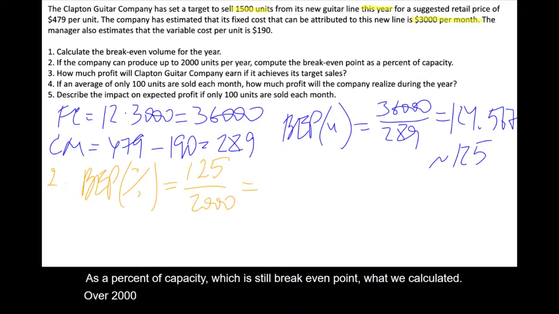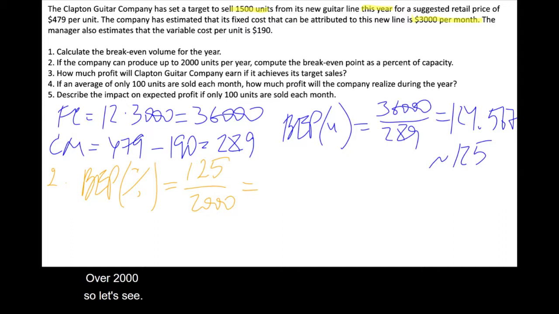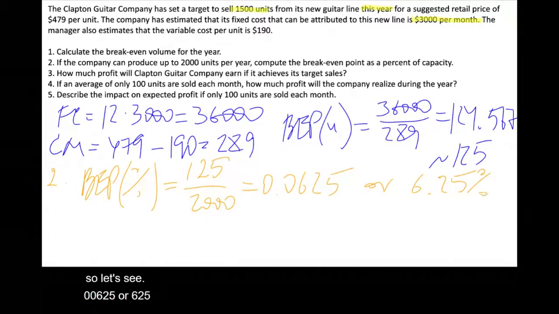That is 0.0625, or 6.25%. It's pretty good business, guys. Of course, if you sell everything you want to sell.